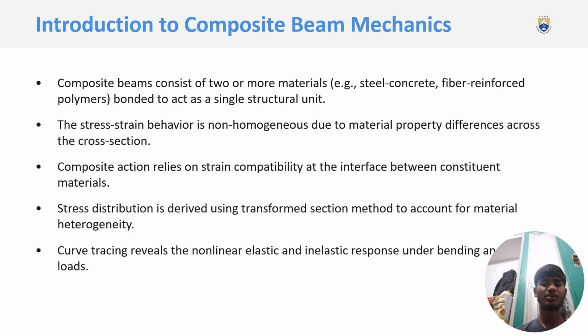Introduction to composite beam mechanics. The stress-strain behavior is non-homogeneous due to material property differences across the cross section. Composite action relies on strain compatibility at the interface between constituent materials.